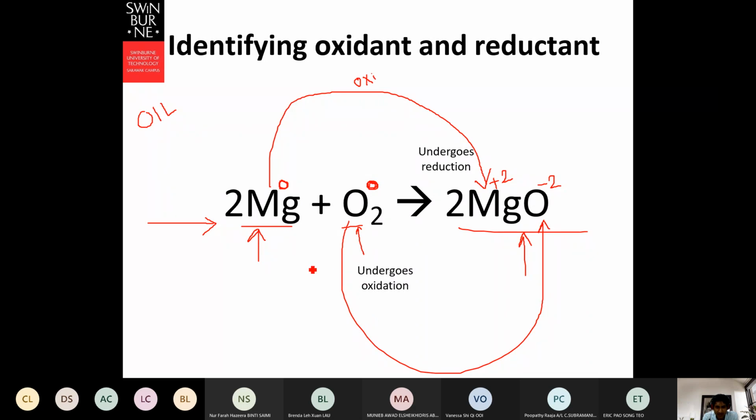And oxygen, when it gains the electrons, falls under RIG: reduction is gaining of electrons. Oxygen gained these 2 electrons, so reduction occurs there. That is how it is shown.